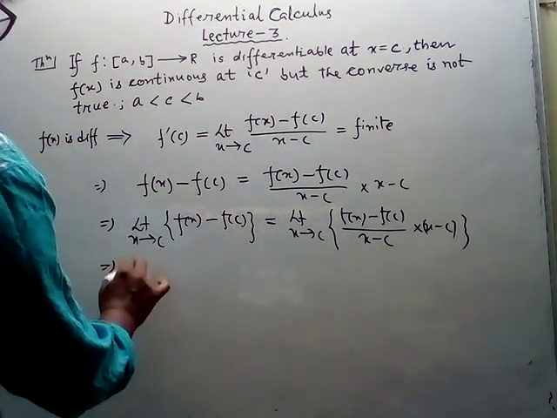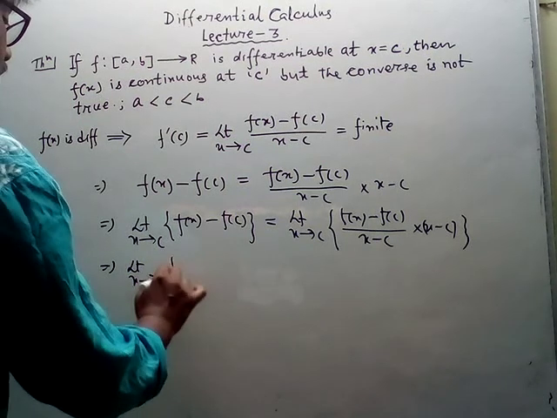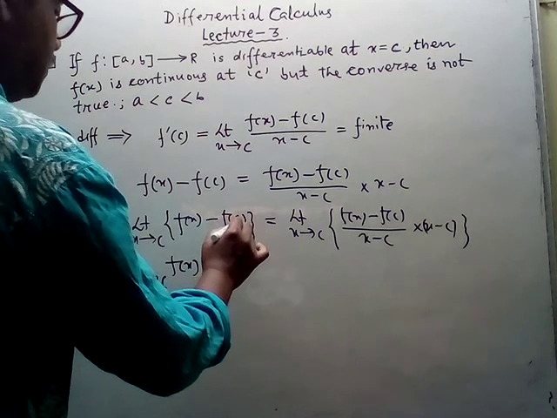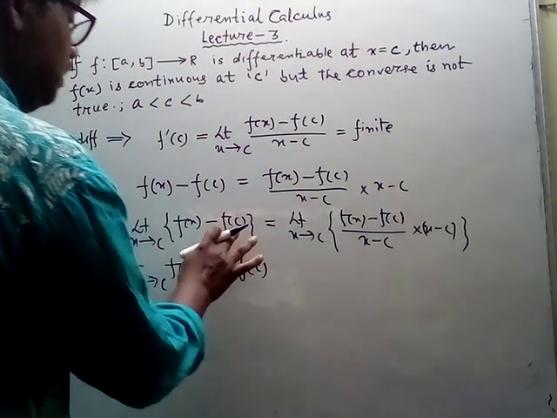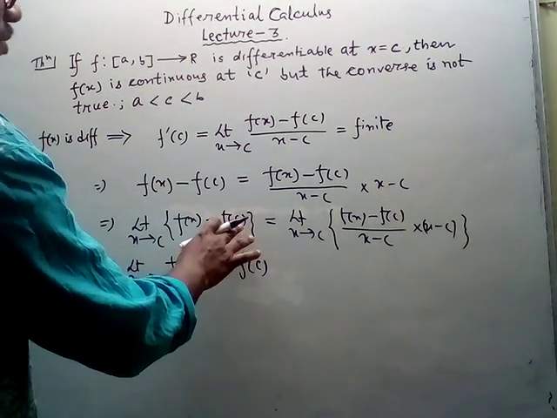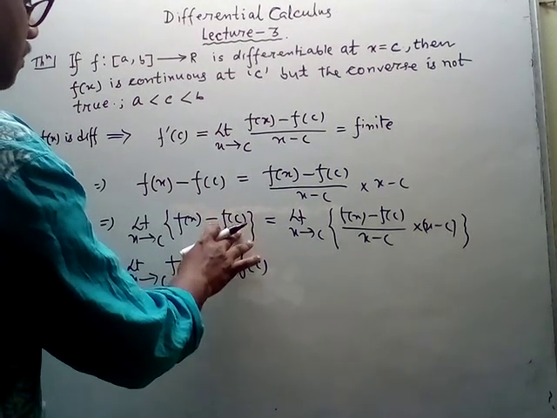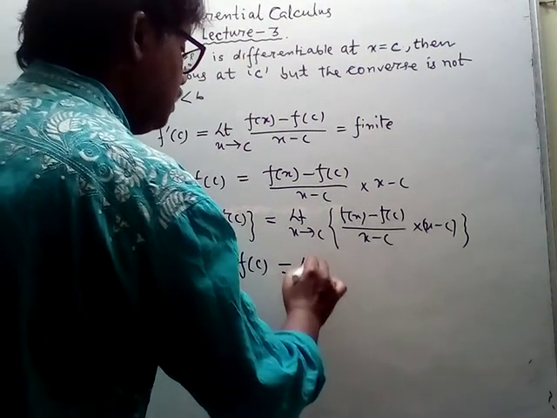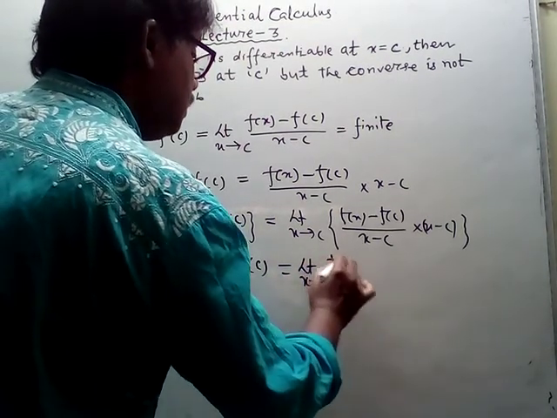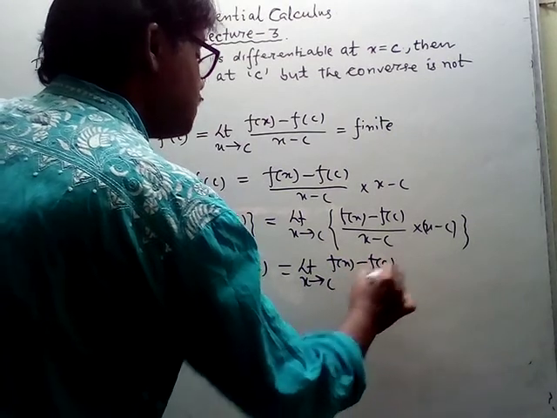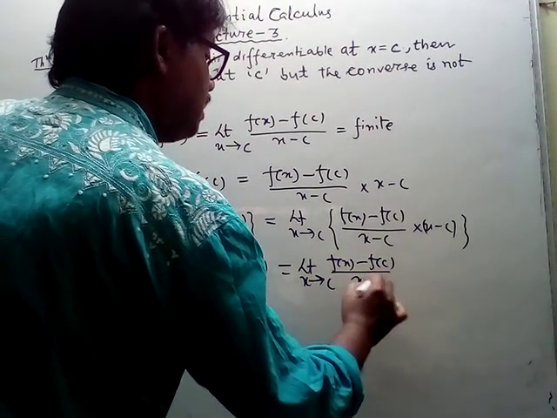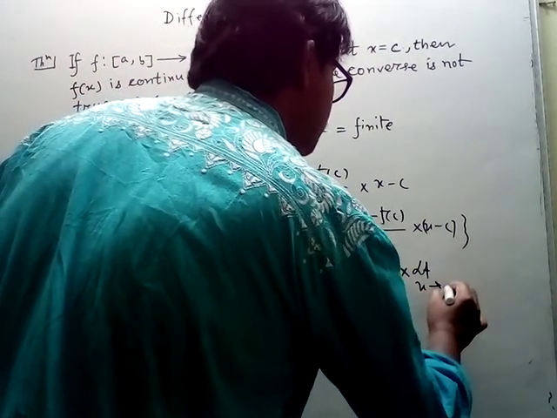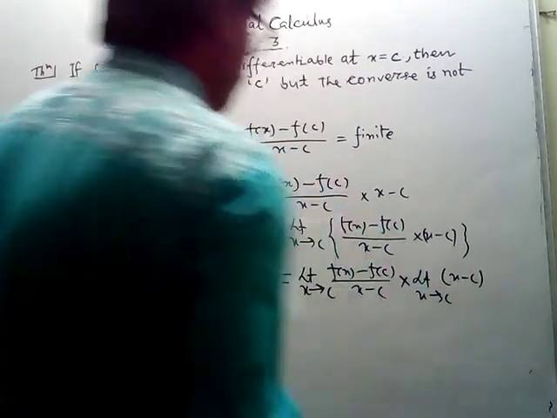This implies limit x tends to c of f(x) minus the limit x tends to c of f(c). That means f(c), because there is no x in f(c); f(c) is constant. So the limit of f(c) will be only f(c).